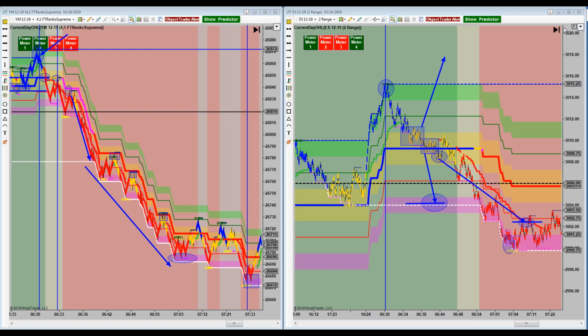Equities are down. What direction should gold go if all is right with the world? Is it a mirror image of the equities, or does it do the same thing that the equities do? Does anybody know? Yeah, if the equities are going down, gold should be going up. So let me show that. Okay, here's this morning at the open.